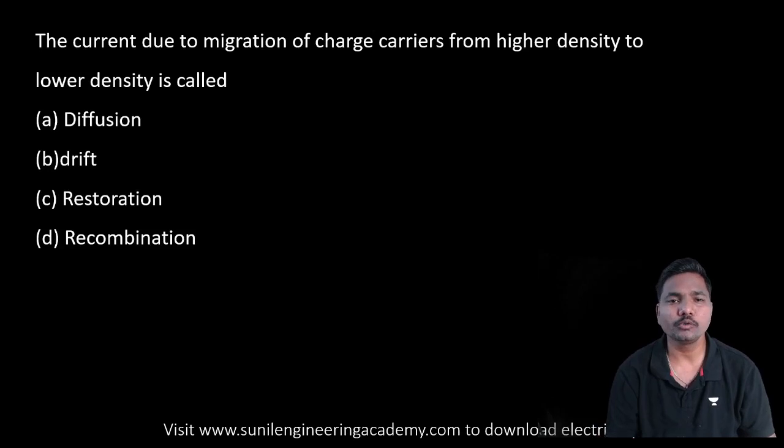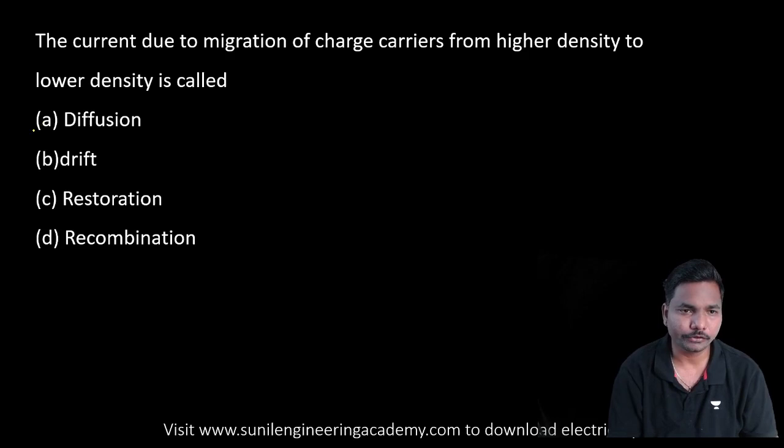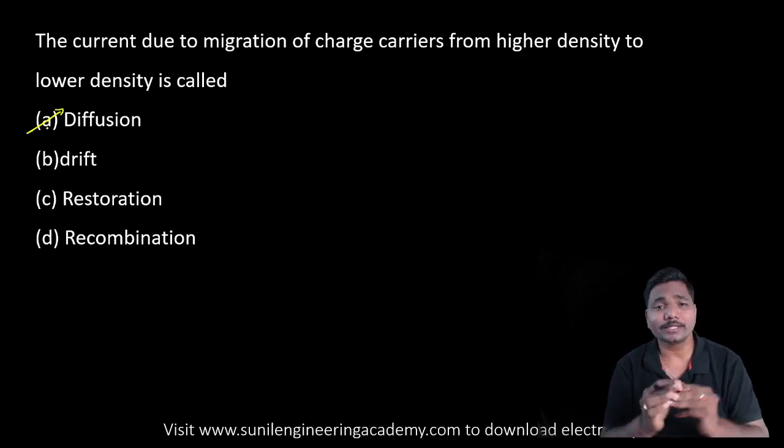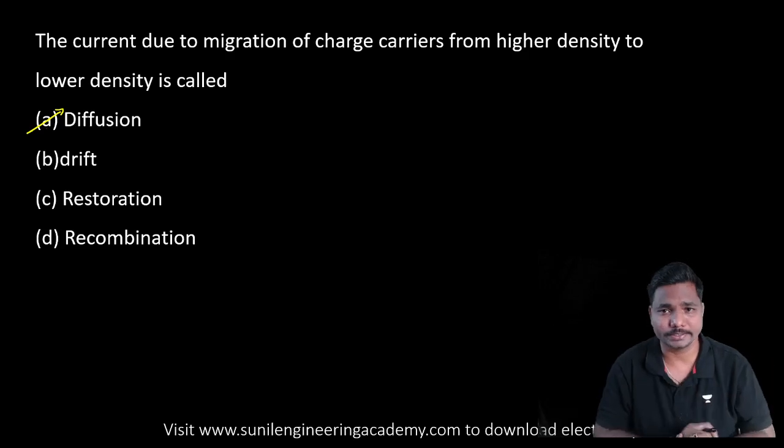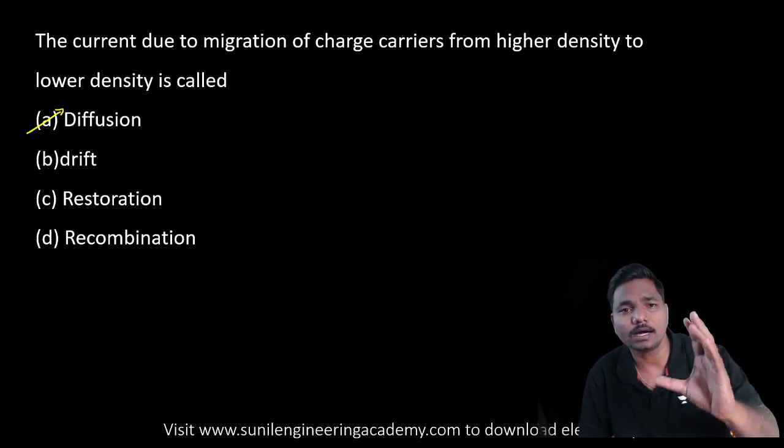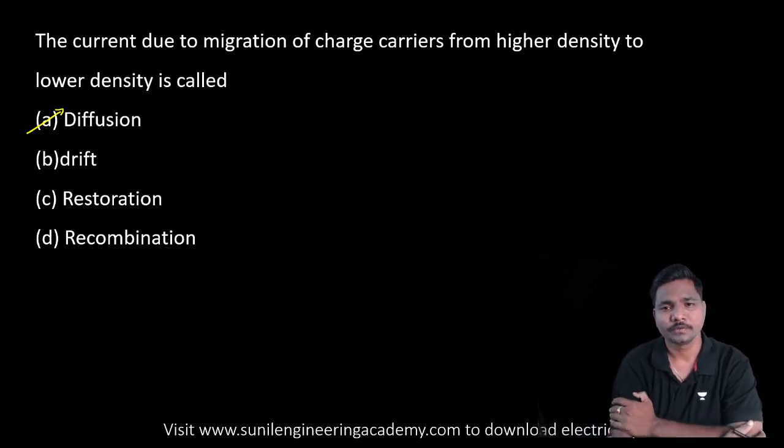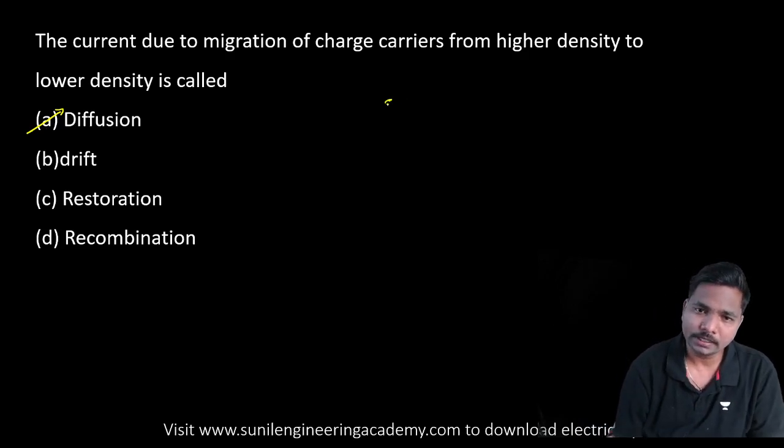Coming to the next question, the current due to migration of charge carriers from higher density to lower density is called dash. This is nothing but diffusion. Here there are two types of current, in case of electricity or electronics. From the electrical side we can easily understand this.